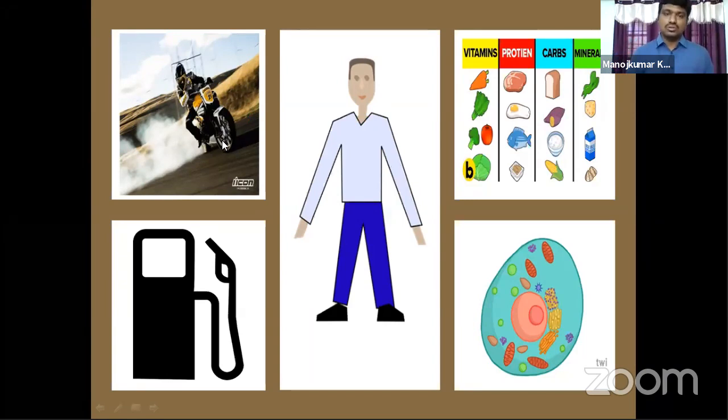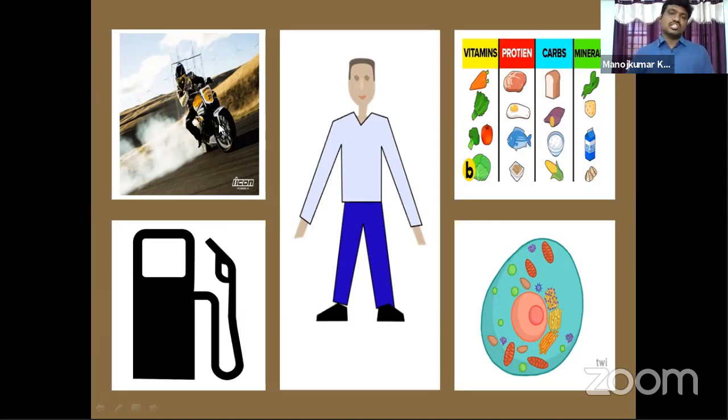So petrol, which is a fuel, plus oxygen, both undergo a process, and that process, as you already know, is nothing but combustion. Here the combustion of petrol takes place in the presence of oxygen, which releases energy with which this motorcycle is able to move on.